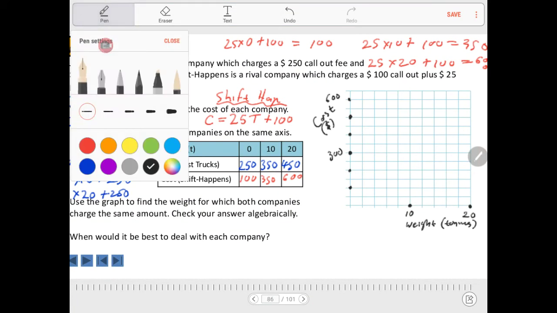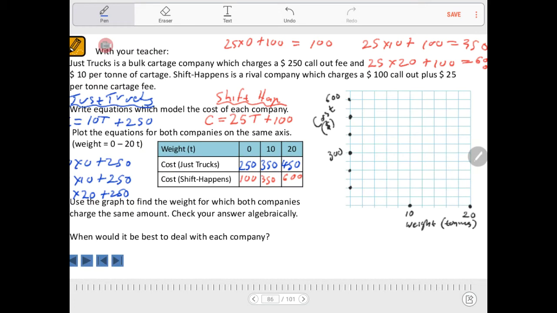Okay, so first one, let's go back to the blue, and we'll do Just Trucks first, so 0 and 250, 10 and 350, right there, 20 and 450, right here, and then we'll draw in the line for them.